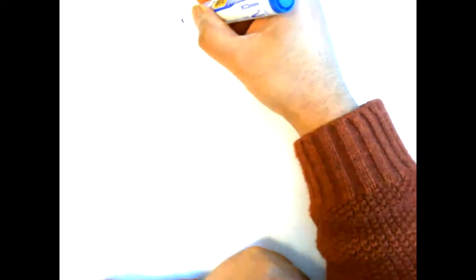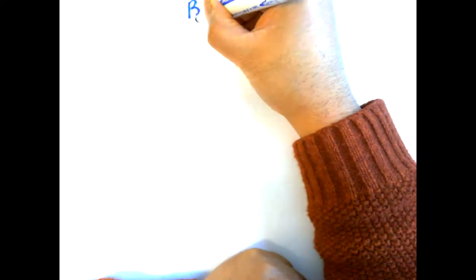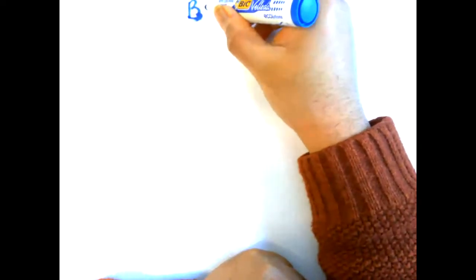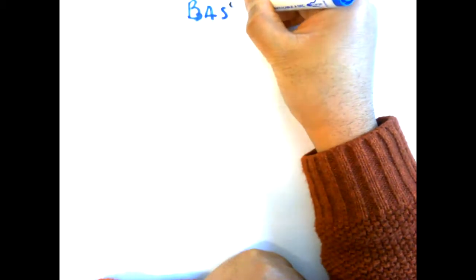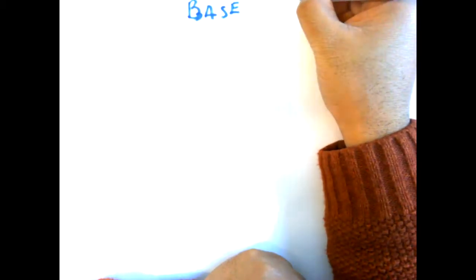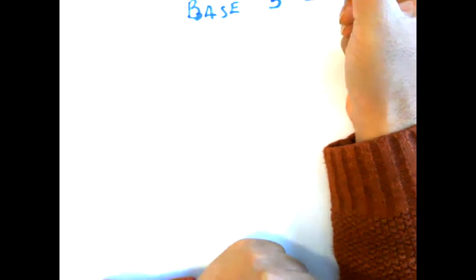So in a base 5 counting system, we only use 5 symbols, right?